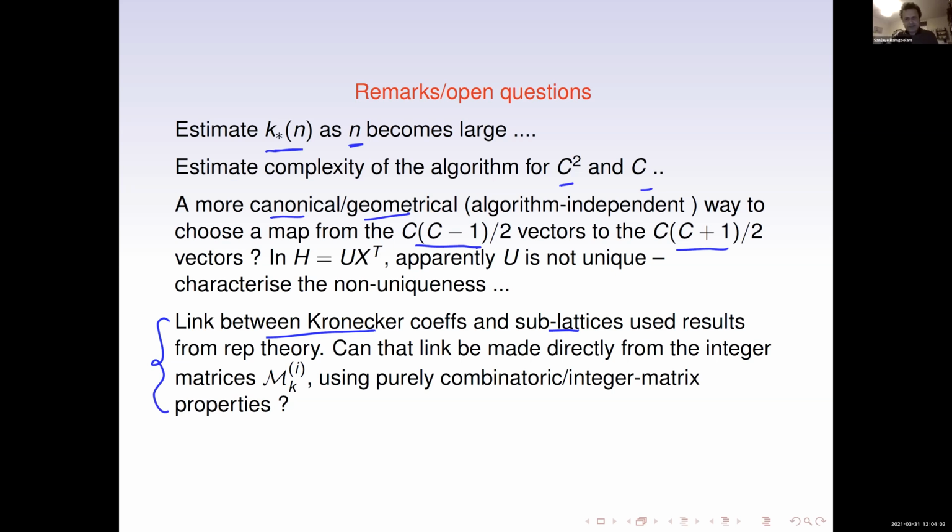I think that's related to a question I was being asked before. So we don't know. We have to use some representation theory input to know that you're getting C squared. So if we could find a way to work directly with integer matrices and prove these things, that would be an important step forward as well.